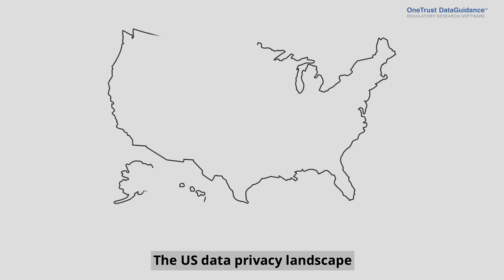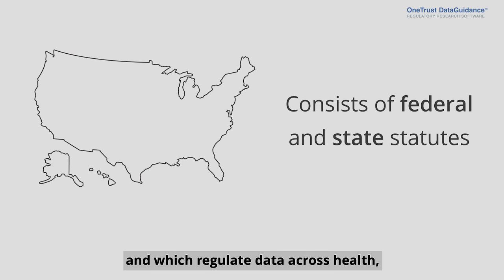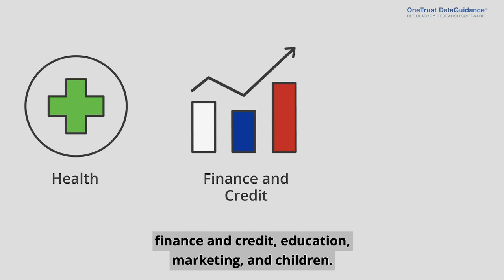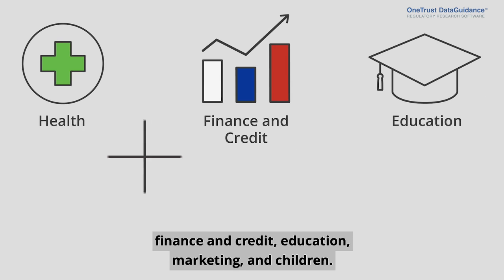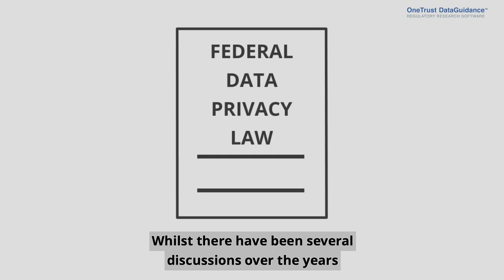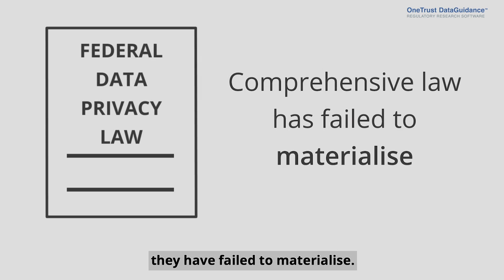The U.S. data privacy landscape consists of numerous federal and state statutes, which regulate data across health, finance and credit, education, marketing, and children. Whilst there have been several discussions over the years regarding a comprehensive federal data privacy law, they have failed to materialize.